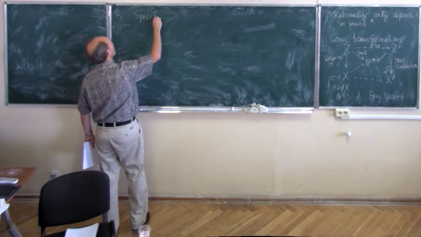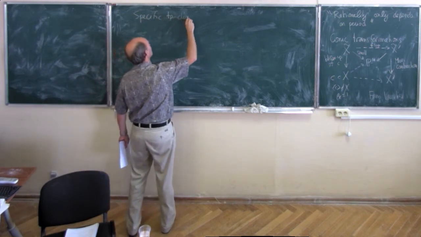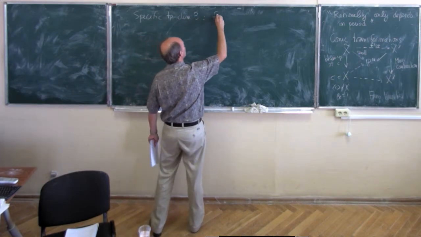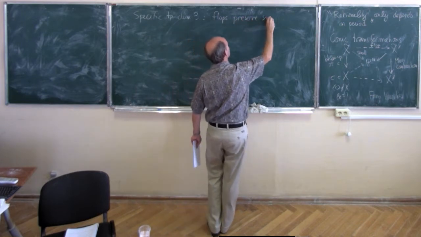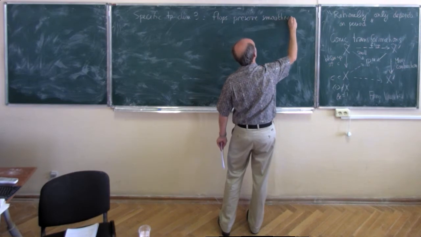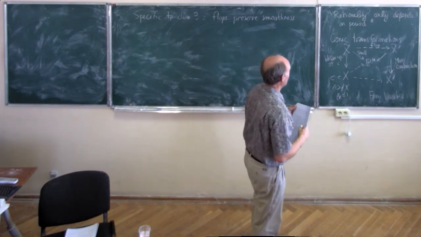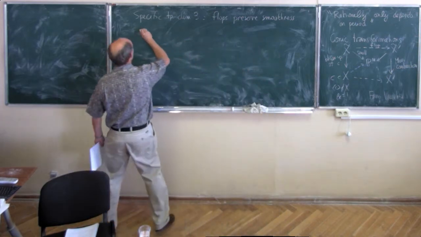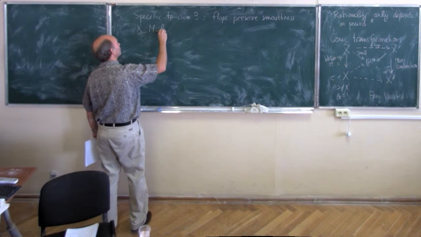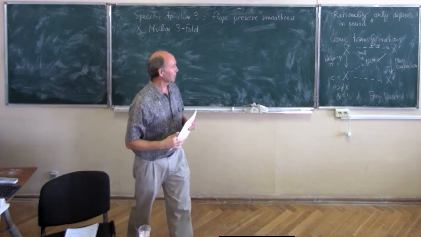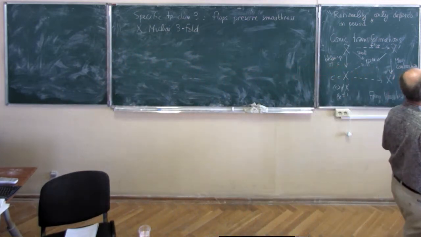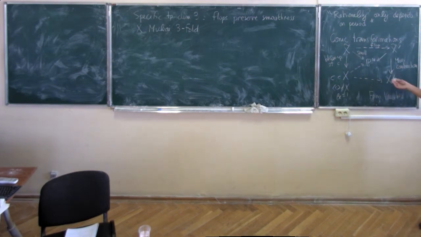And that flops preserve smoothness. So, for example, when X is a Mukai threefold, and C is a smooth conic contained in X, the miracle here is that the X prime you get, which usually is very different from this one, and this is useful because you produce unexpected maps between different Fano threefolds.